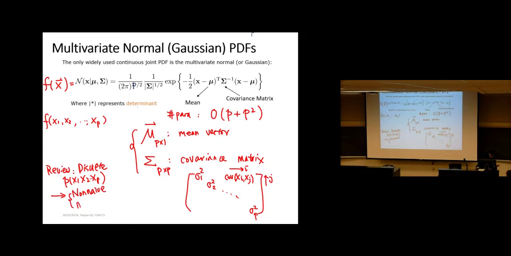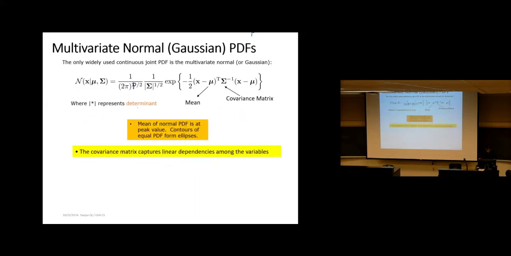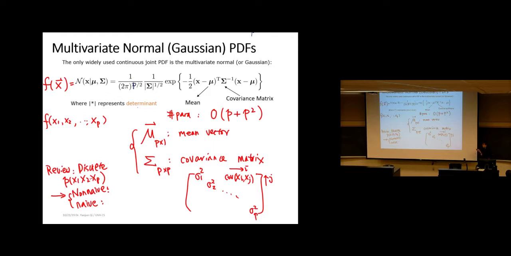Because you just did your quiz, you supposedly already did the homework. For the non-naive version, how many parameters do you need to estimate? Assuming each variable has only two possible values, exist or not exist, how many parameters for this joint probability do I need to estimate from data? In the non-naive case, 2 to the p.